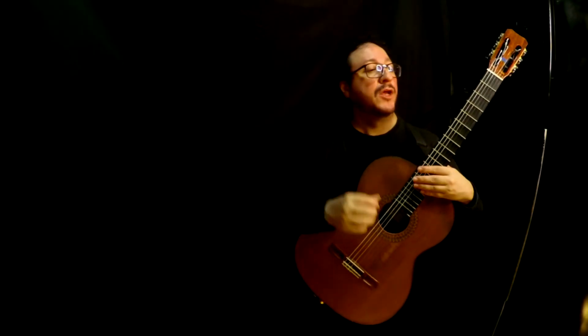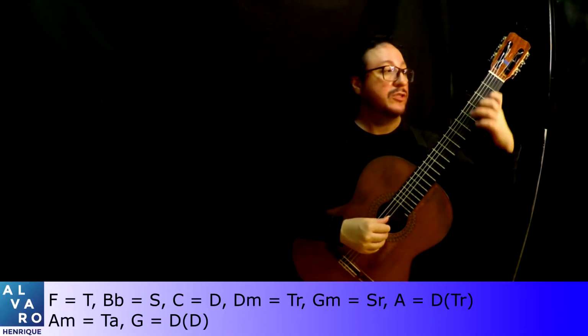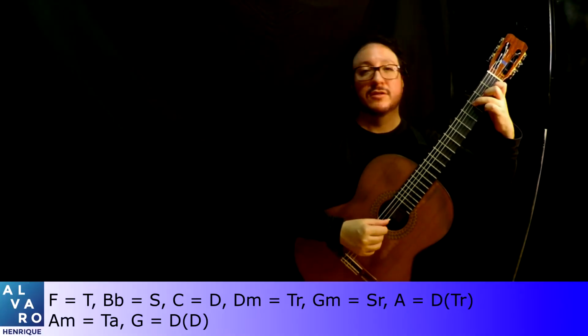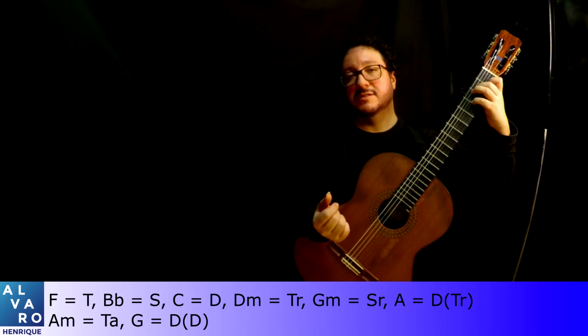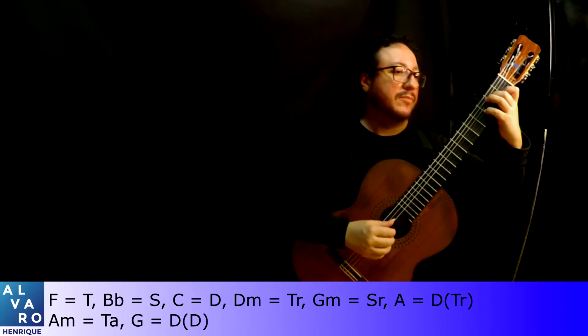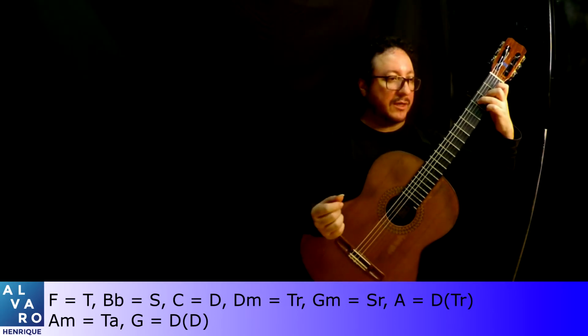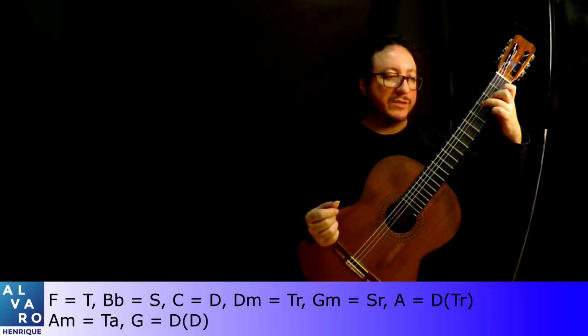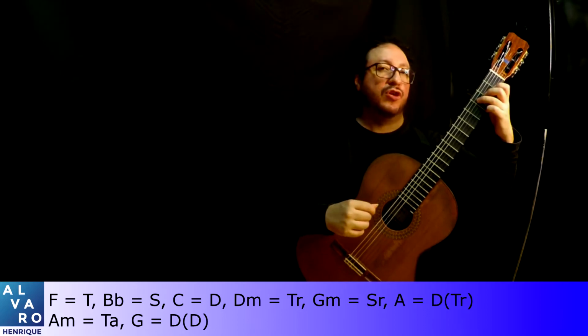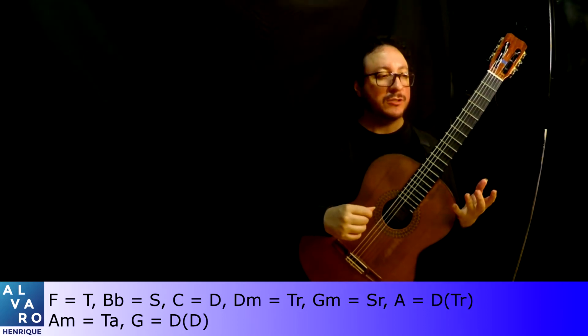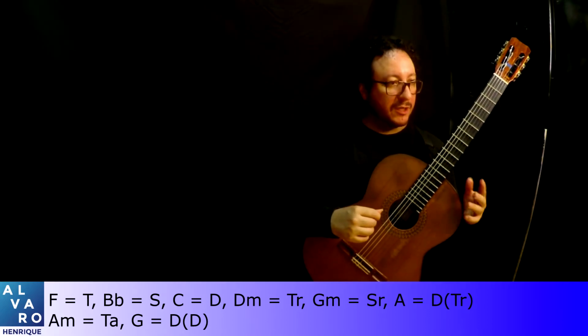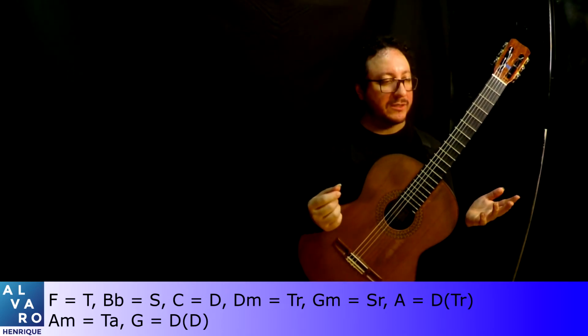Just remember, we are in F major, so the tonic is F major, the dominant is C. There are a few chords that you may have trouble finding the function of, but it should be quite easy.